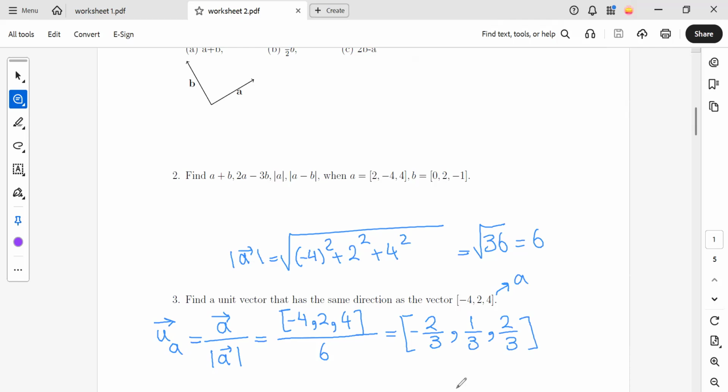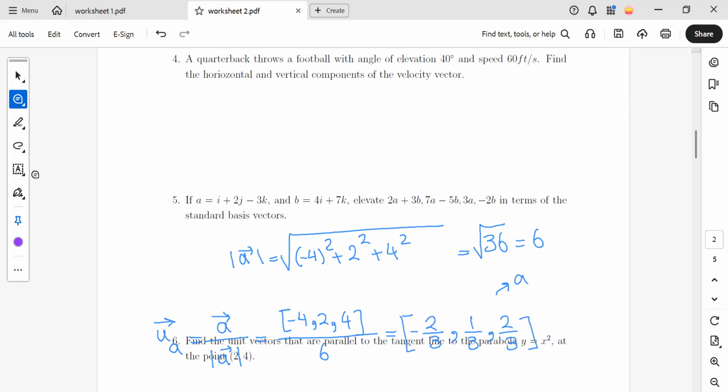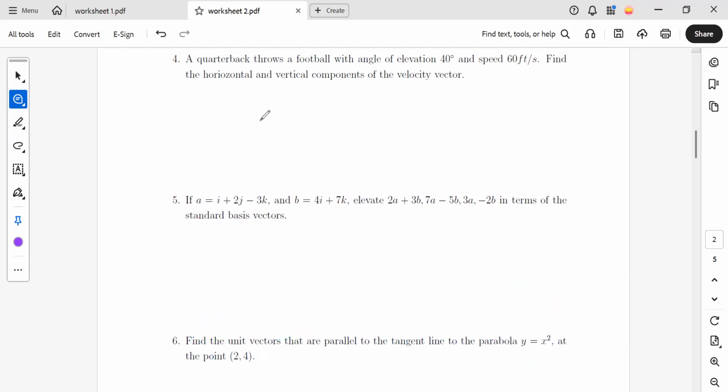Question number 4. Okay, for this one, let's say this is the surface or the ground, and it will be thrown here, let's say V, and we know that this is perpendicular.